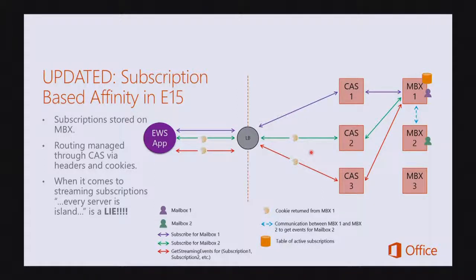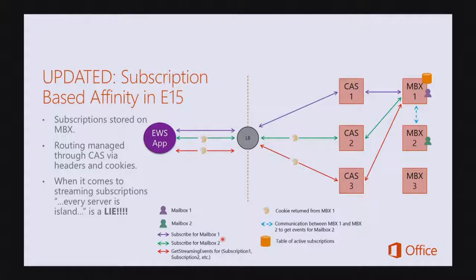So the key thing here is that I can't use the X anchor mailbox header to always get me back to mailbox 1, mailbox server 1. I've got to use this X prefer server affinity and the backend cookie to get back to where my streaming subscription table is.